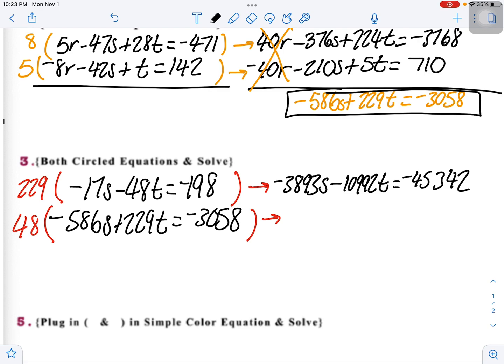Look at that. Now we're going to get into big numbers, right?